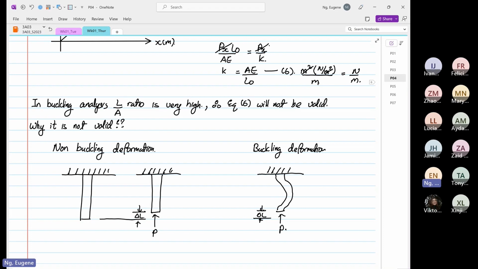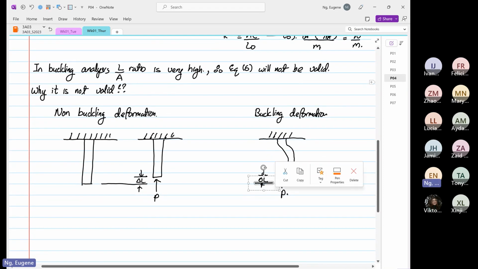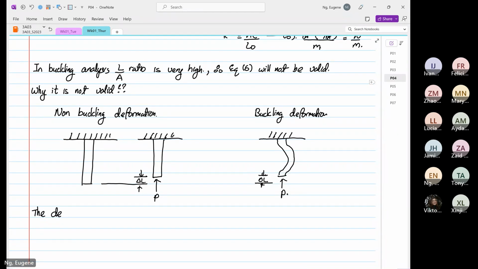So the deformation in buckling is not parallel to the centroid axis of the structure.